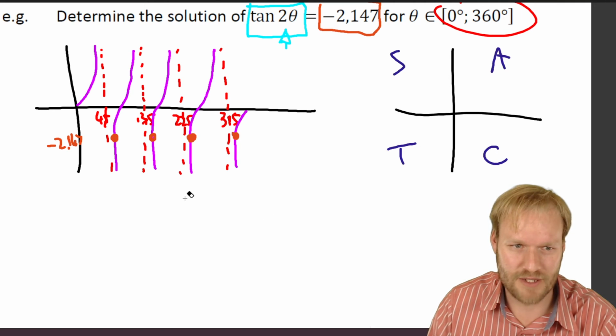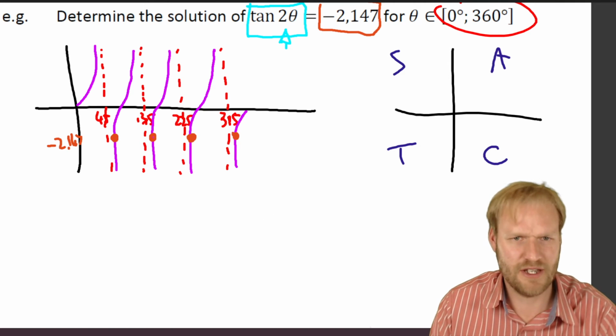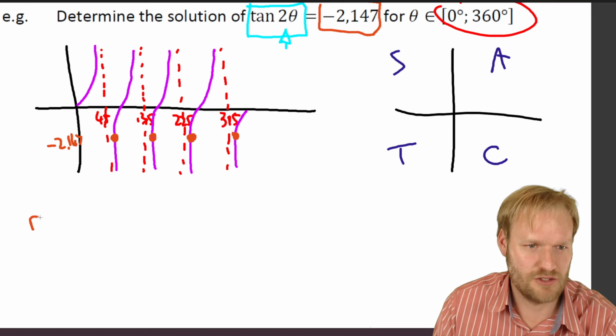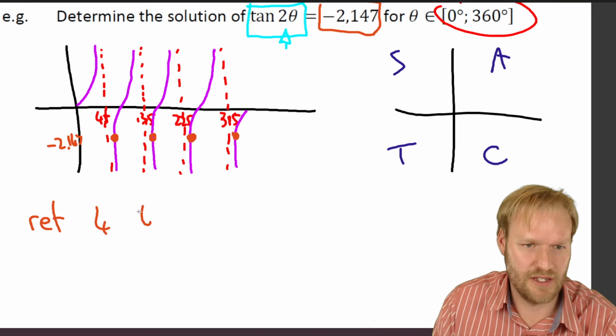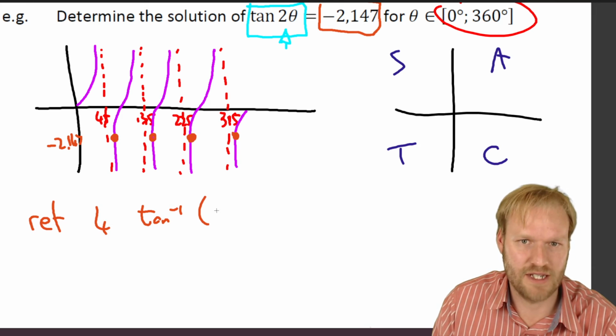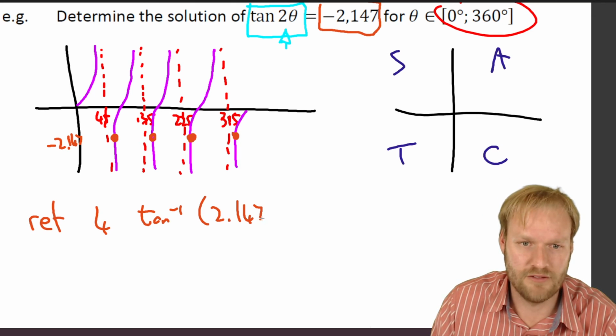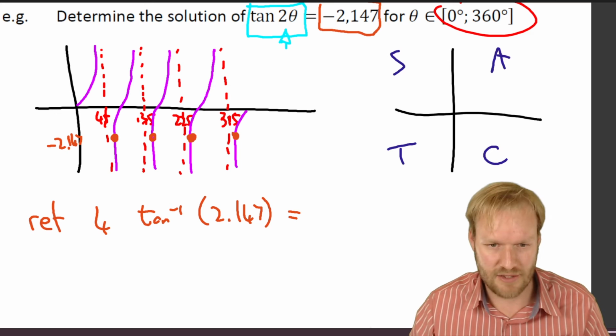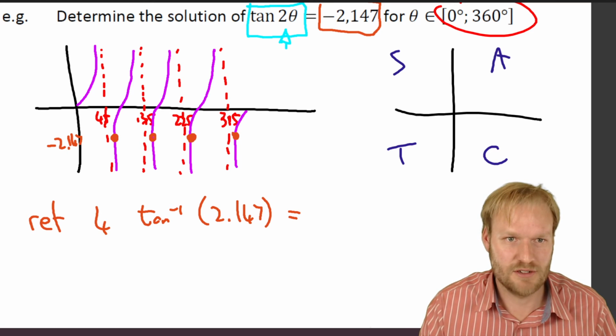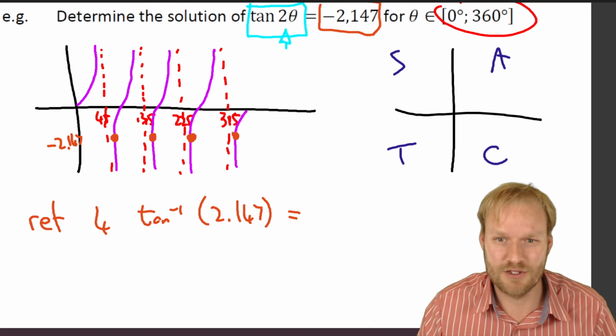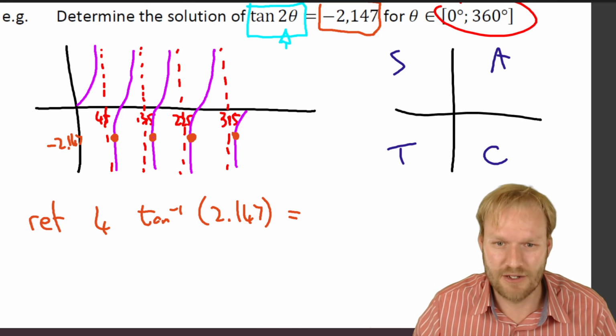Let's make a little bit of space here. And say, okay, let's find our reference angle. So our reference angle is tan inverse, and we're going to take it of the positive value 2,147, and calculator.